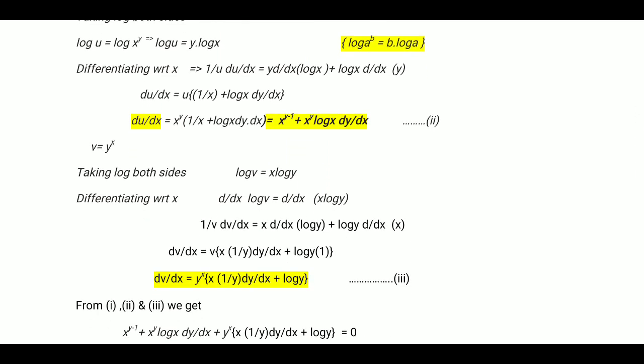Now find dv upon dx from v. v is equal to y power x. So taking log both sides, you get log v is equal to x log y.